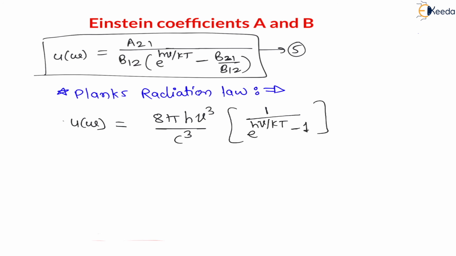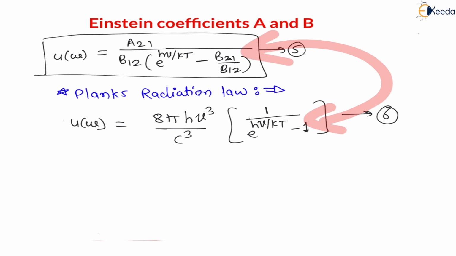Here minus 1 is in the denominator only. This is Planck's radiation law. Let us say this law is the sixth equation. Now let us compare these two equations.